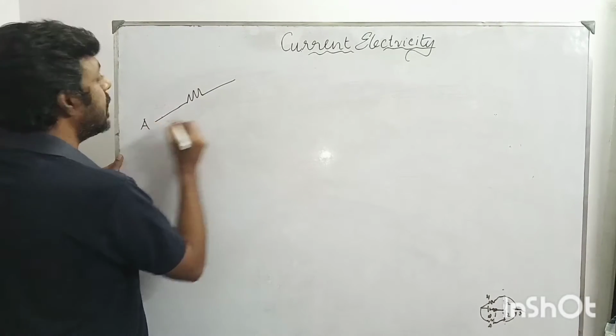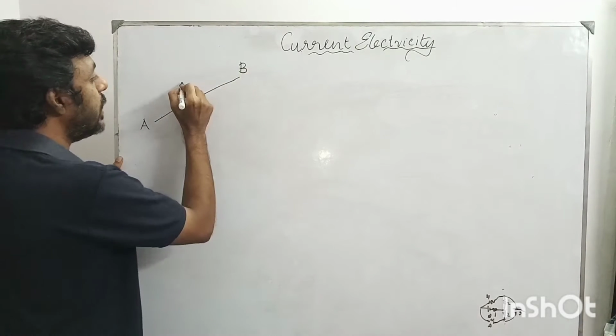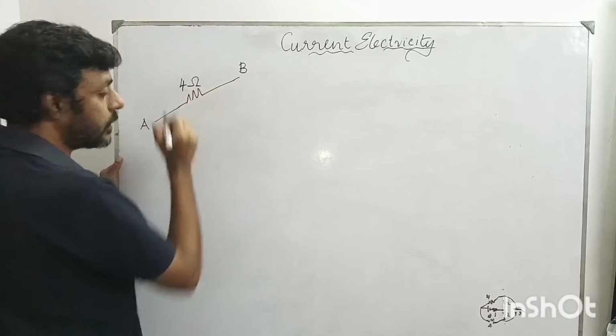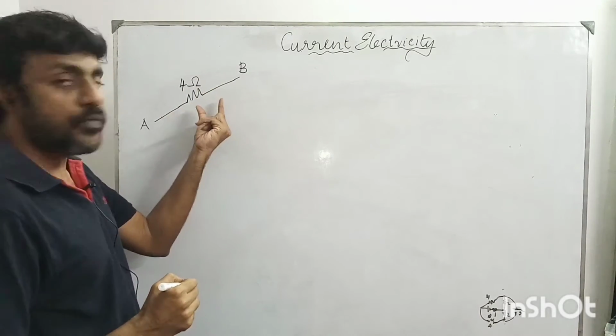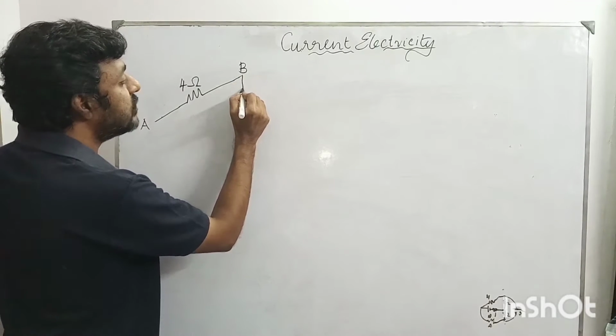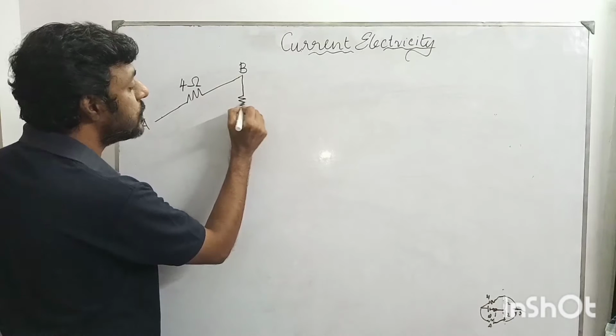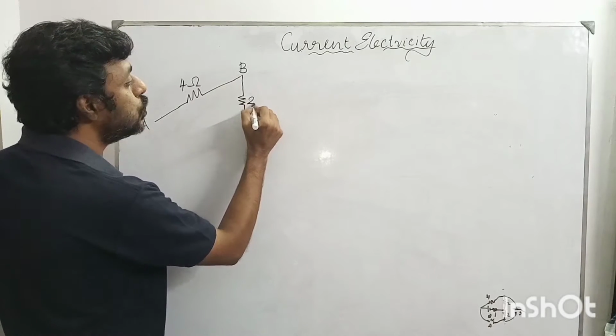AB is a branch of value 4 ohms, right? BC is also another branch having a resistance of value 2 ohms.